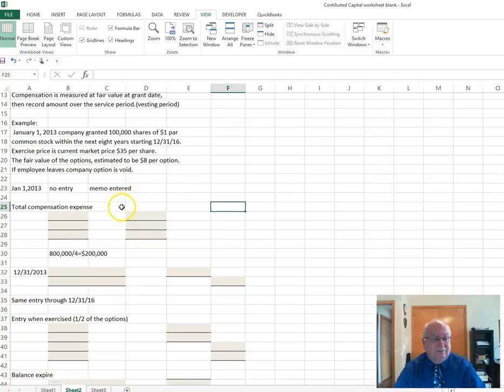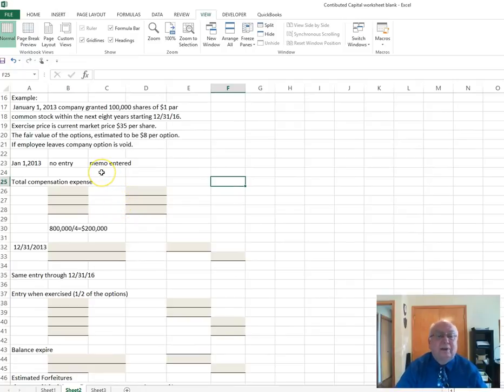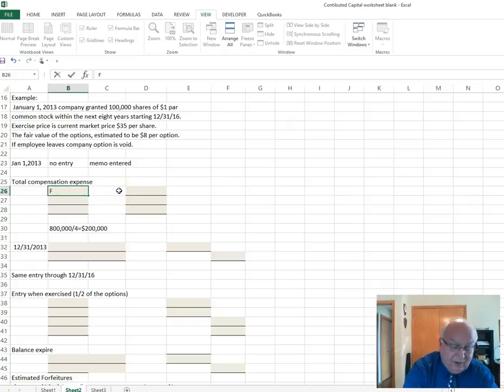So on January 1st, 2013, a memo is entered. Then at the end of the year, we have to calculate how much we need to put in for the compensation expense. The fair value is $8 per share.